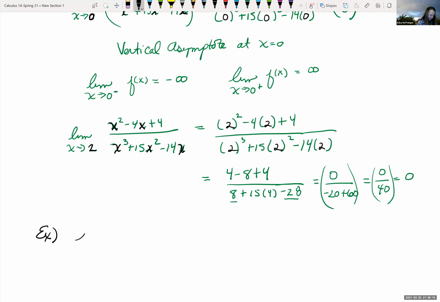How about the limit as x is approaching 0? The rational function has numerator x squared plus x, and the denominator is x to the 5th plus 2x to the 4th plus x cubed.